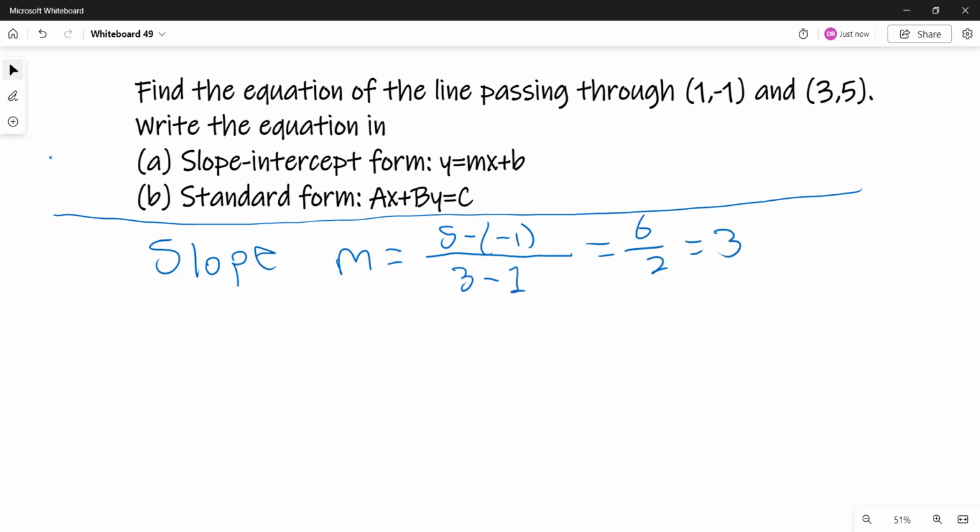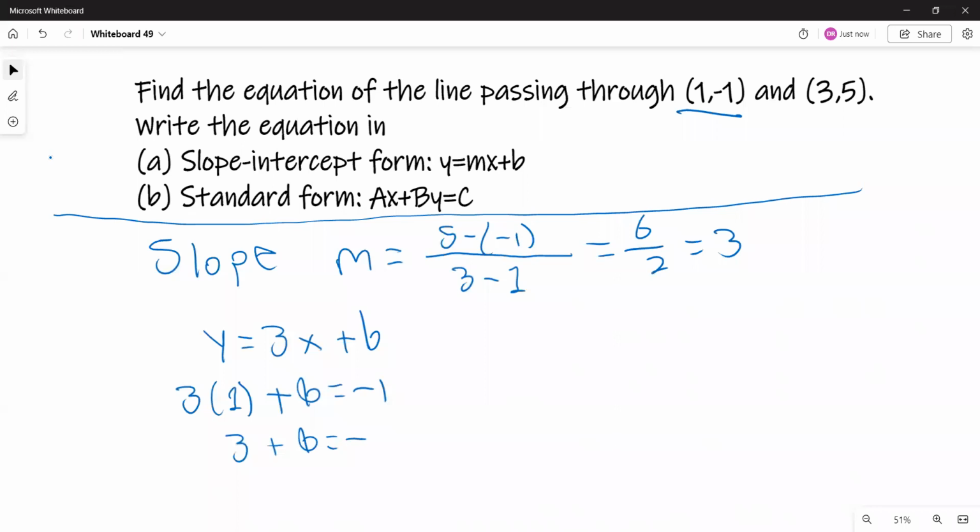Now we know that y is equal to 3x plus b. And we can use one of these points to find b. Let's take 1, -1. So 3 times 1 plus b is -1. 3 times 1 is 3. 3 plus b is -1.